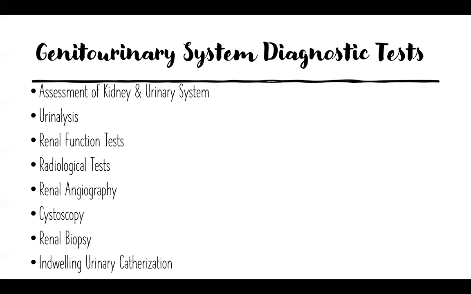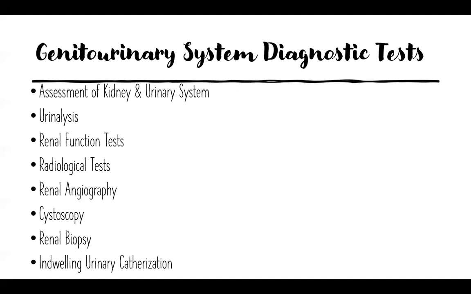That is very important. There can be an IV pyelography that's done, and this is going to be performed with contrast dye. Whenever we use dye, we always have to assess for allergies, right? To shellfish, to iodine.